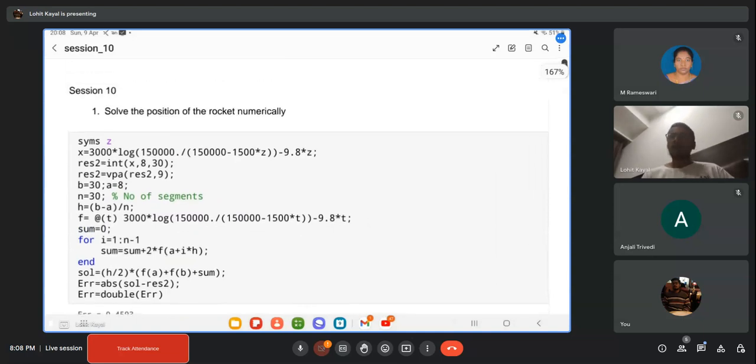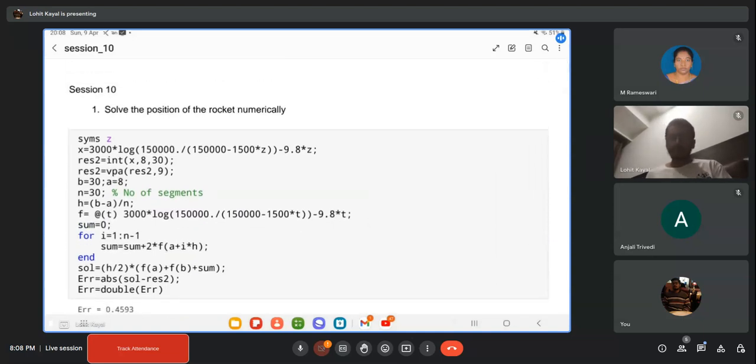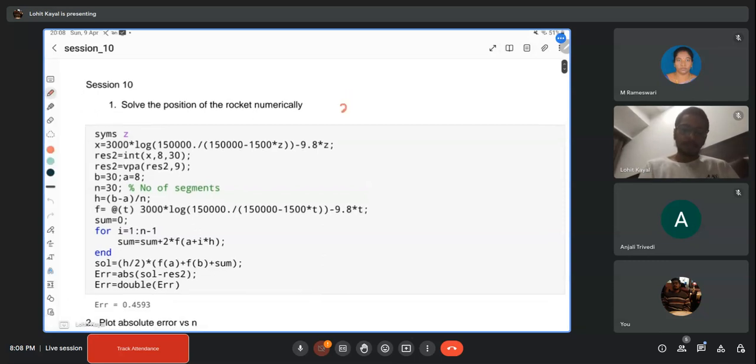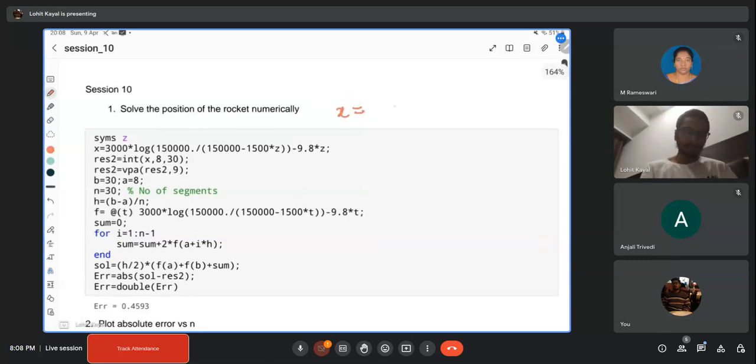Right. So the first problem is, one second. Here I have not written the expression. So what you need to do here, you are provided with an expression. You do not need to know the physics of the problem, but you just need to solve it numerically.